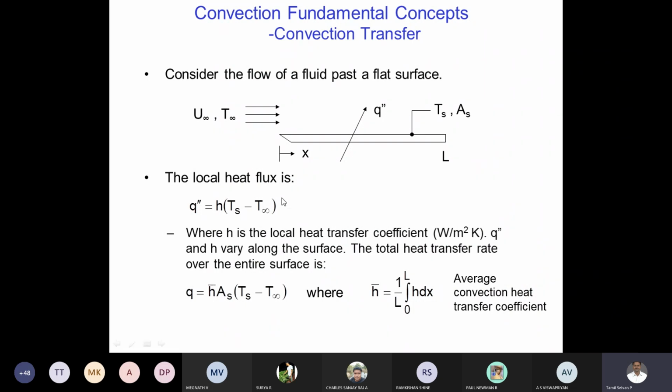This expression comes from Newton's law of cooling, which says the heat transfer is directly proportional to the surface area and the temperature difference between the two. The convective heat transfer coefficient h varies for different fluids.